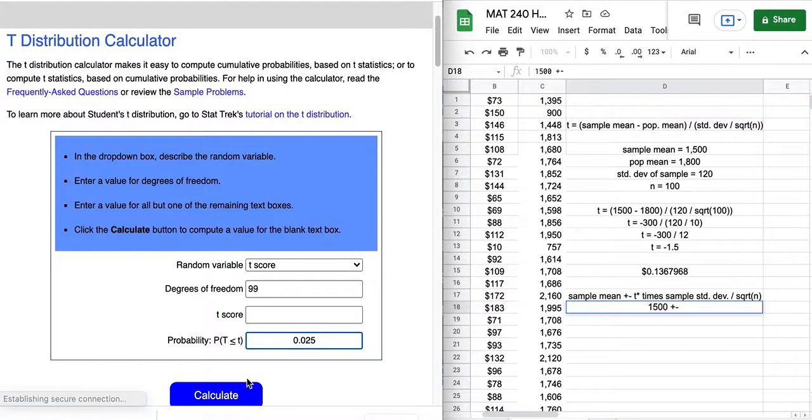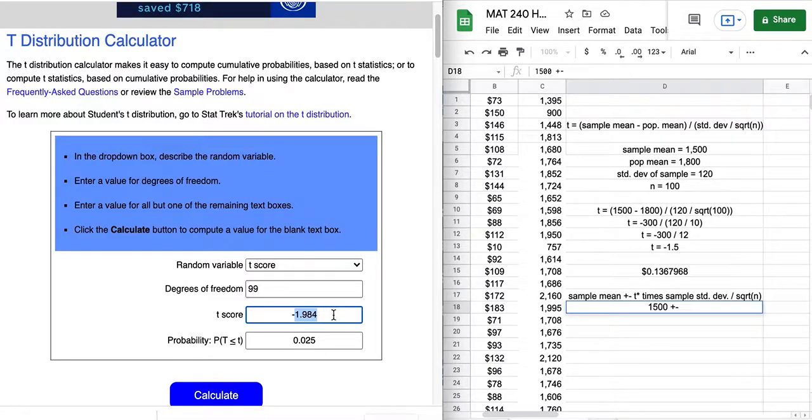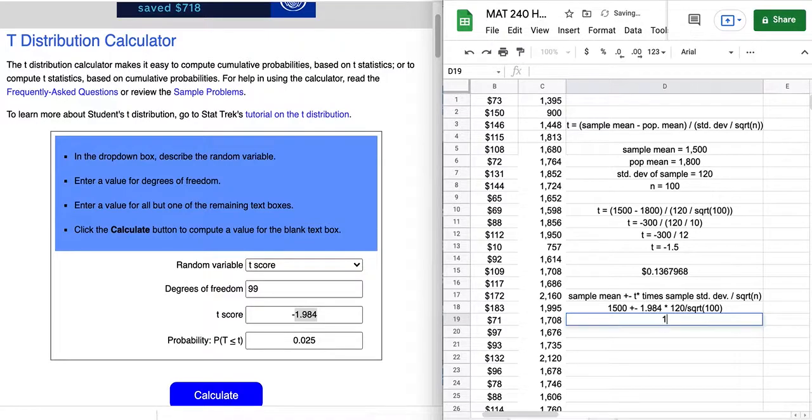That way they add up to 5%. You could use negative 1.984 because the plus or minus symbol will take care of it, or positive 1.984. So I need to multiply that by my standard deviation, which I just made up, divided by the square root of 100. So that's 1,500 plus or minus.